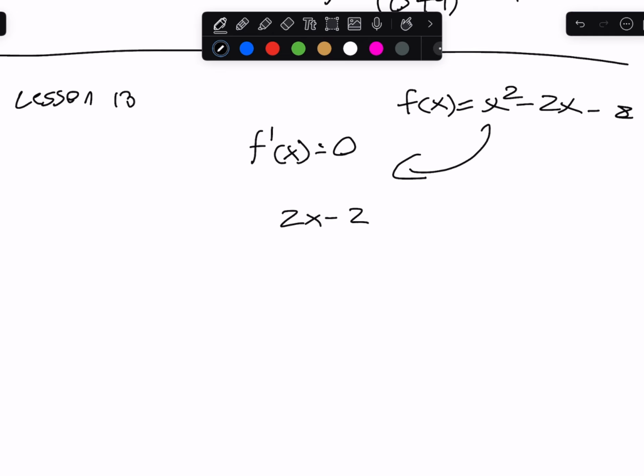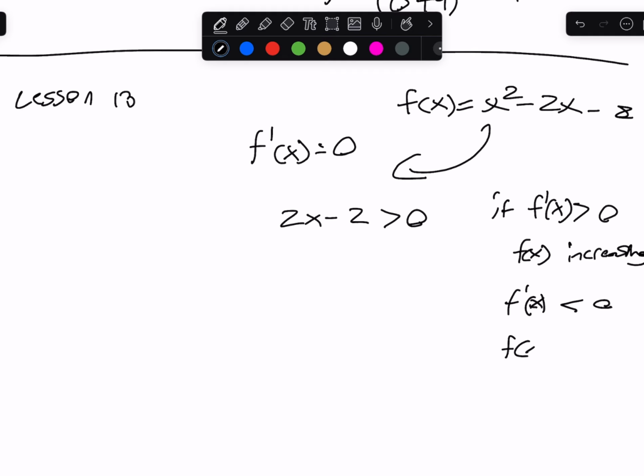And to find what we are looking for, we're going to set this to greater than 0. Because if f prime of x is greater than 0, f of x will be increasing, and if f prime of x is less than 0, f of x will be decreasing.